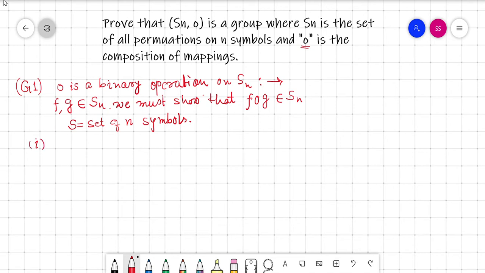First we show that this composition is a 1-1 mapping.